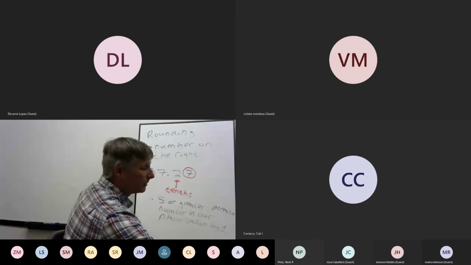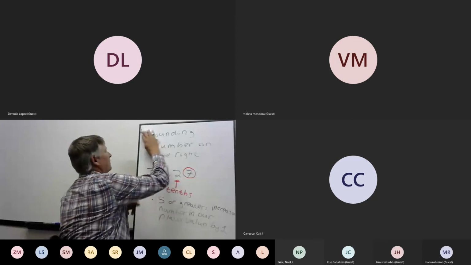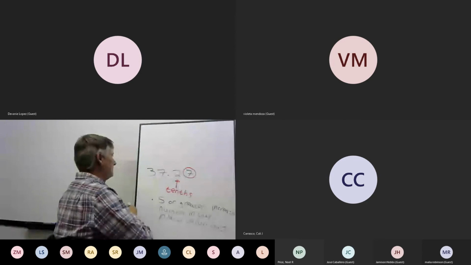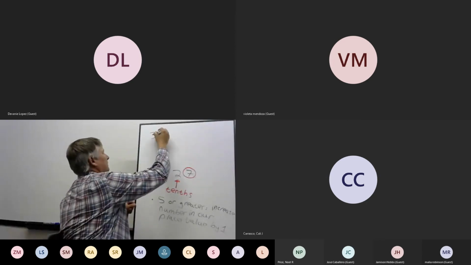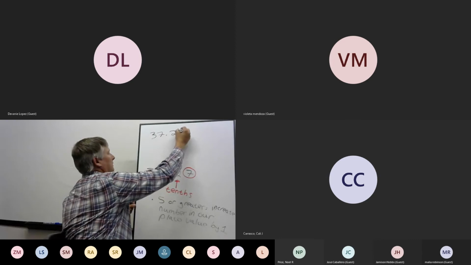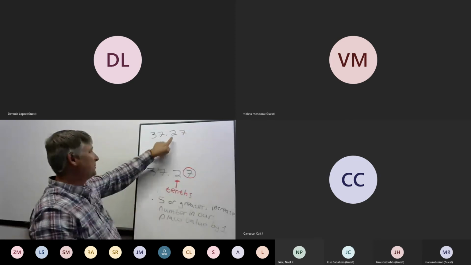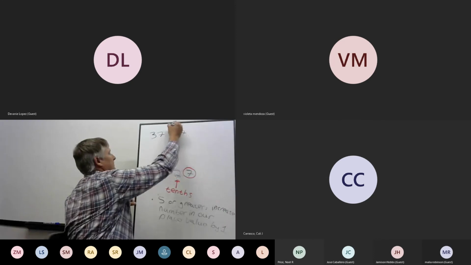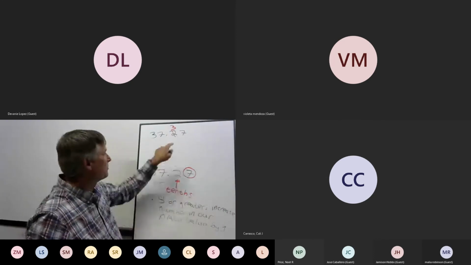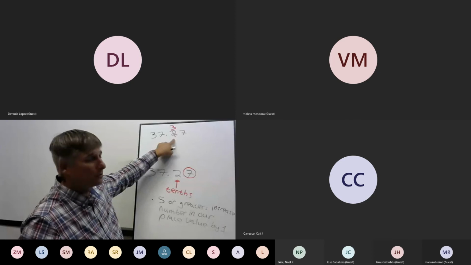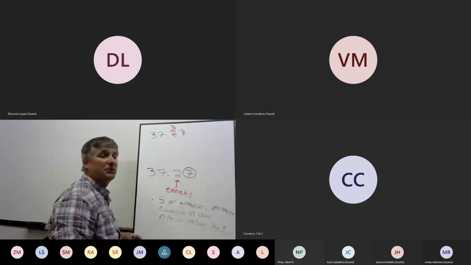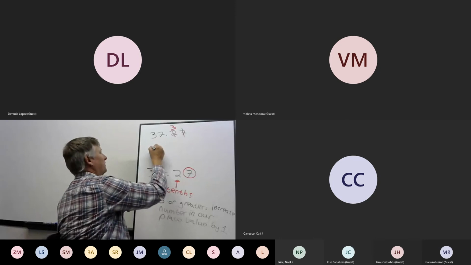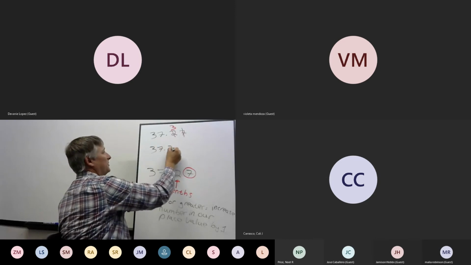So this will increase by 1. And then everything to the right of the place value we're interested in, we just get rid of. So we'll get 37 and 3 tenths.